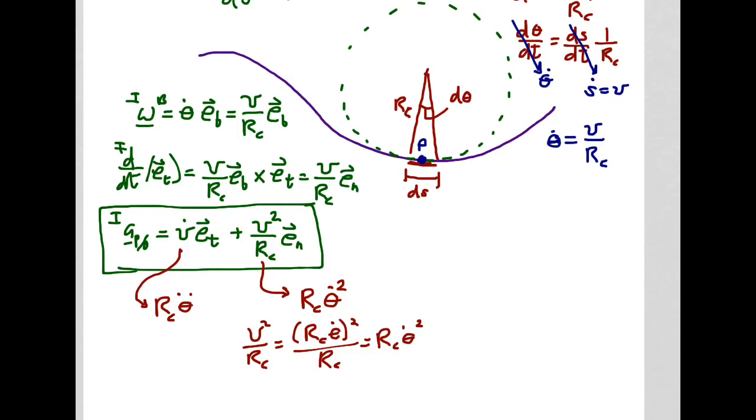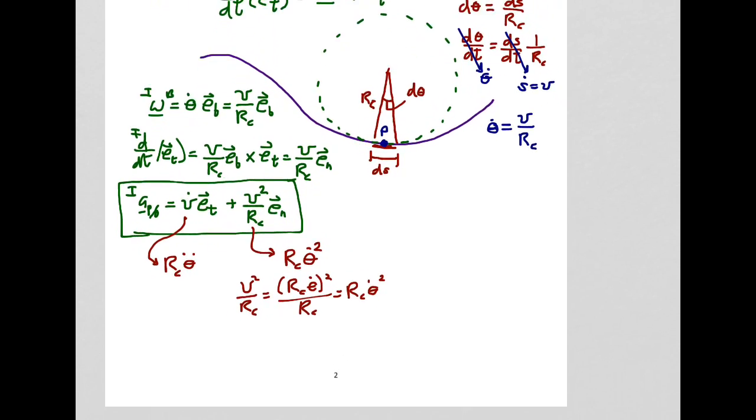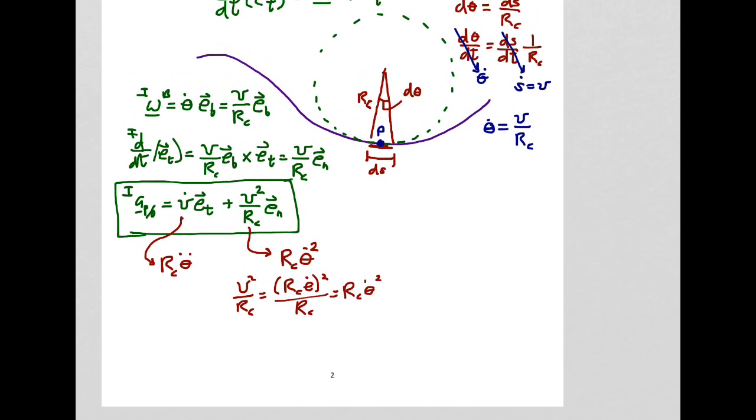And a question that you should be asking yourself is that if I've got this path and I need to know the radius of curvature to be able to put this into the inertial acceleration in the path frame, how do I find the radius of curvature?